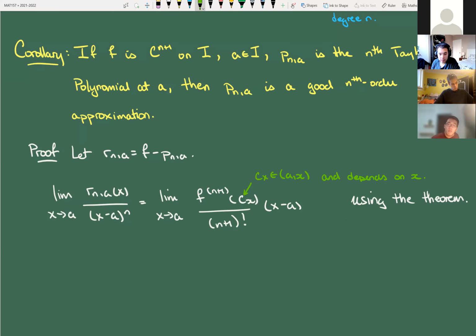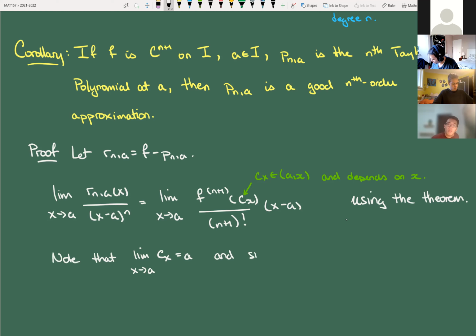But here's the important point. As x approaches a, and I've written it so that x is to the right, but we know that the theorem holds for both directions, c_x will also approach a, right? And f^(n+1) is continuous. So maybe let me write this down. Note that the limit as x approaches a of c_x is equal to a.